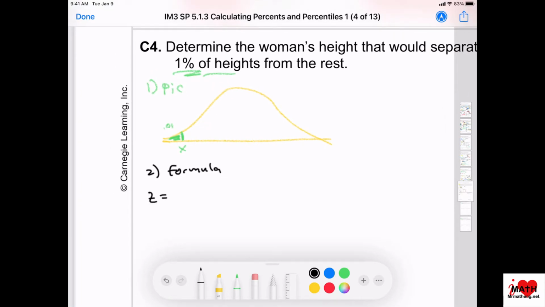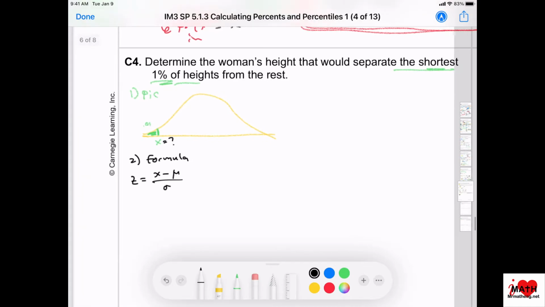Z equals x minus the mean over the standard deviation, and we're trying to solve for that x value. And let's just plug it in. X we don't know. The mean is 64 and the standard deviation is 2.7. I'm going to have to figure out from a percent to a z-score of 0.01. 1% is 0.01, so let's look for it.